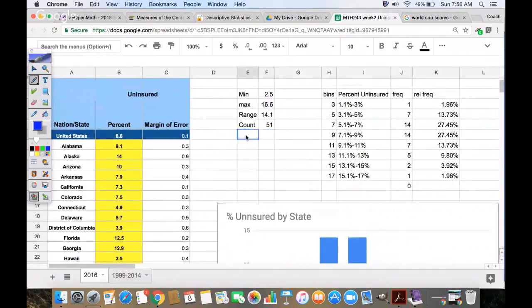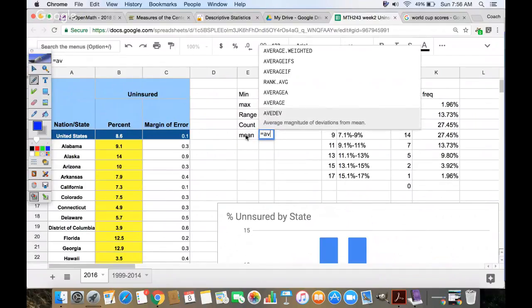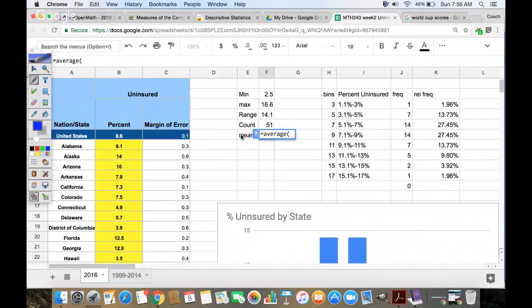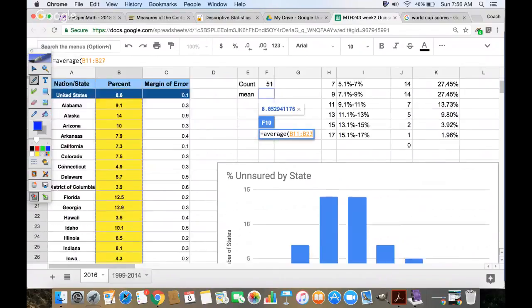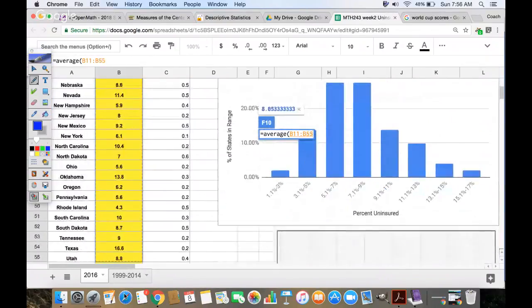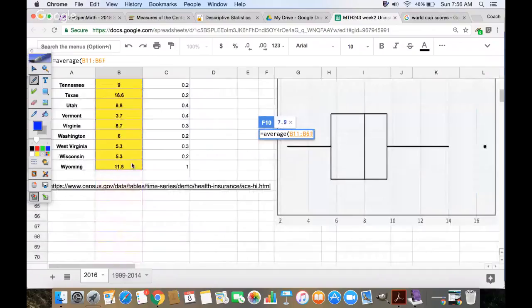Okay. Other summary statistics that would be useful to see here are the mean, which is also the average. This is the average command in your spreadsheet. And here, I don't want to use the column heading to highlight the whole column because there's other things in this column.